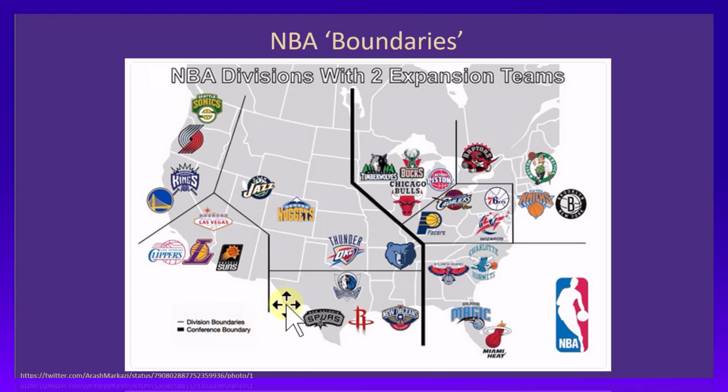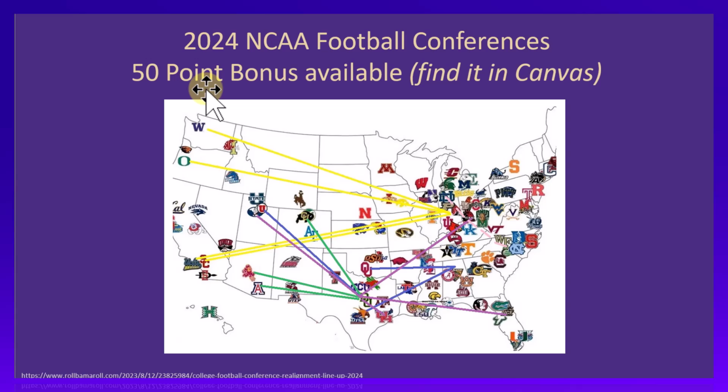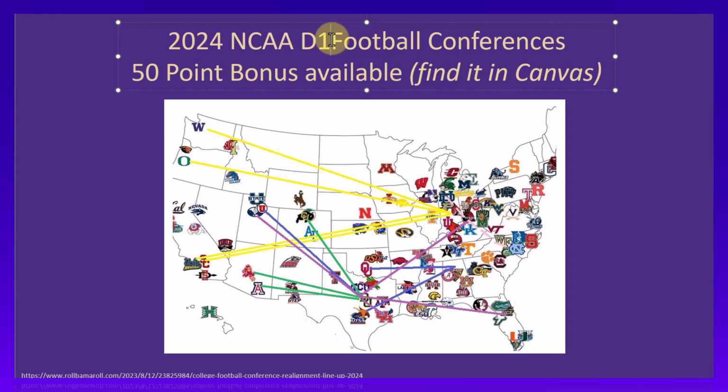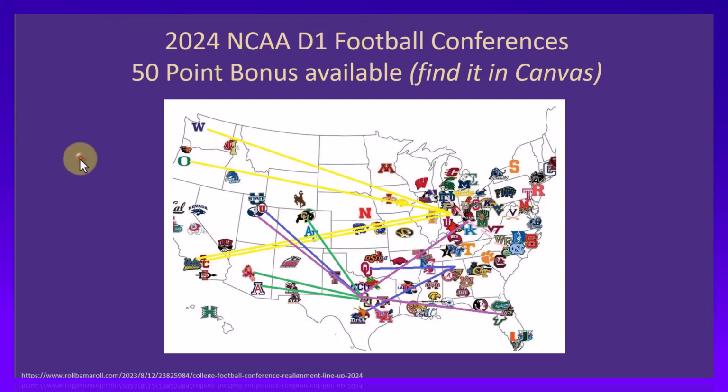Which brings to mind the NCAA Division I football conference. So this would be D1 football conferences. And before I forget to mention, there's a 50-point bonus available. You may find it in Canvas.